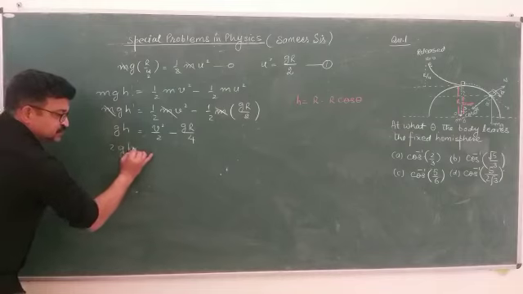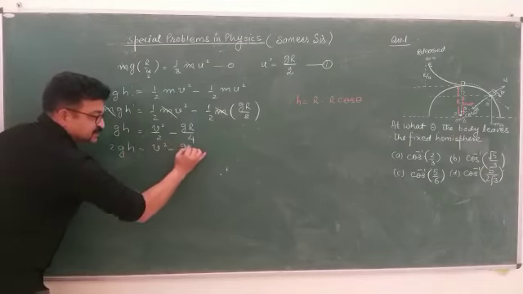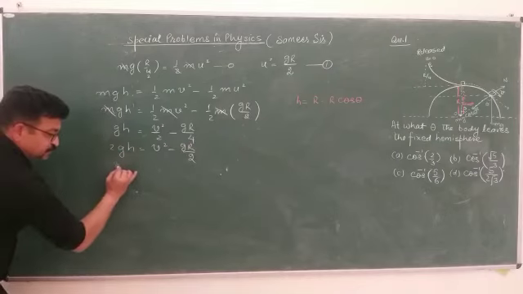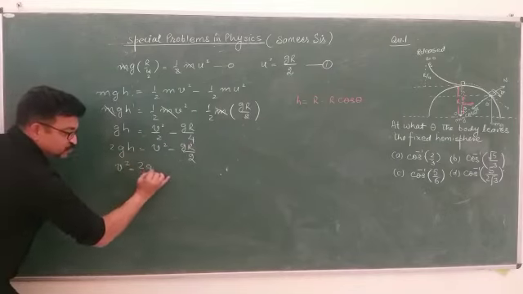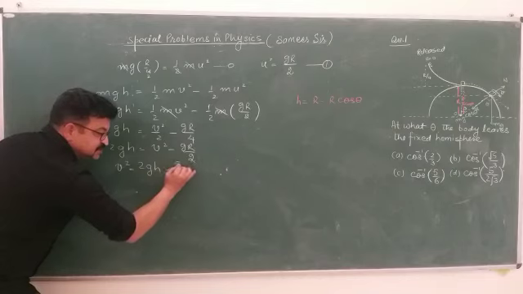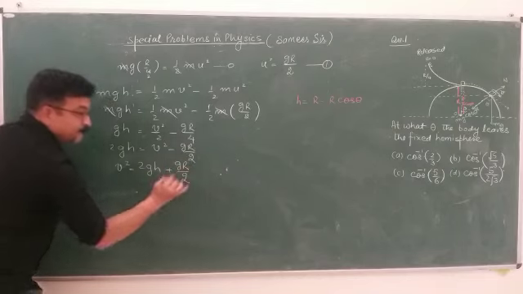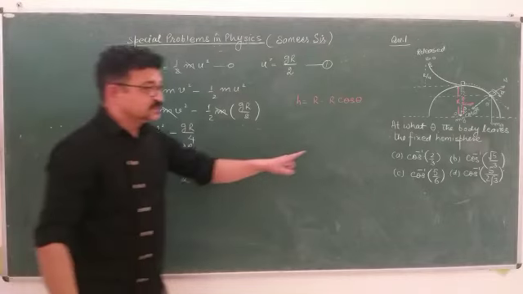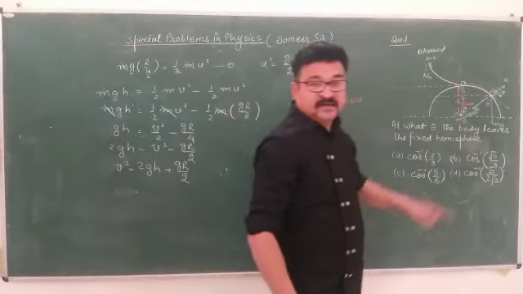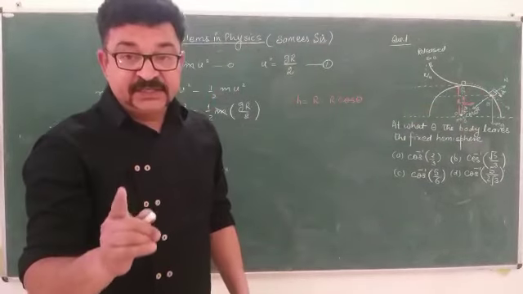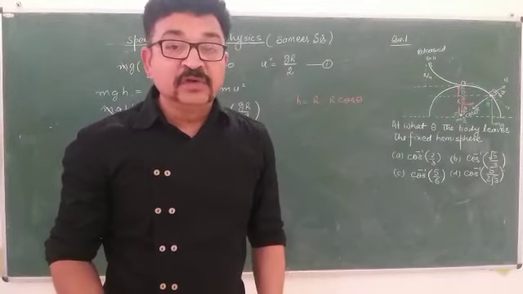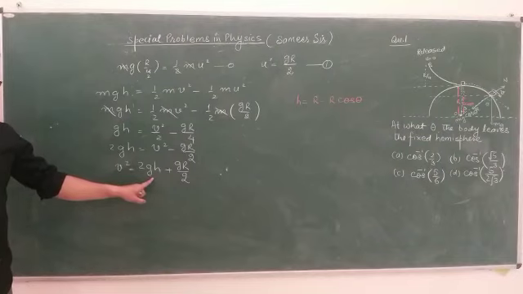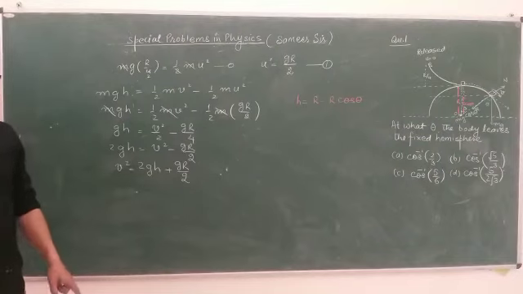You will get 2gh is equal to v square minus gR by 2. So v square is 2gh plus gR by 2. This is the final velocity at the end of the track, at the point where the particle is about to leave the track, and that v square can be easily written as 2gh plus gR by 2.